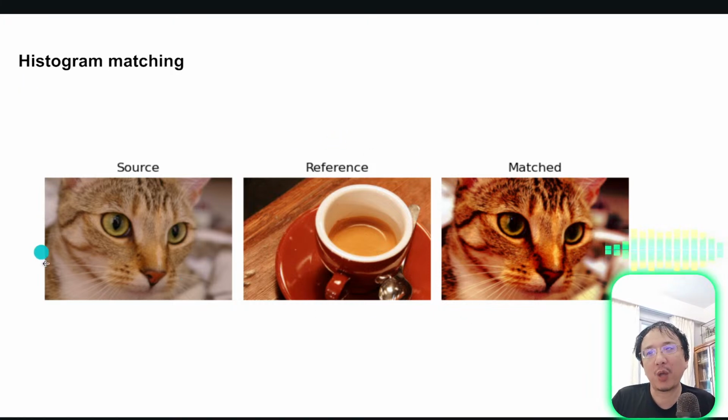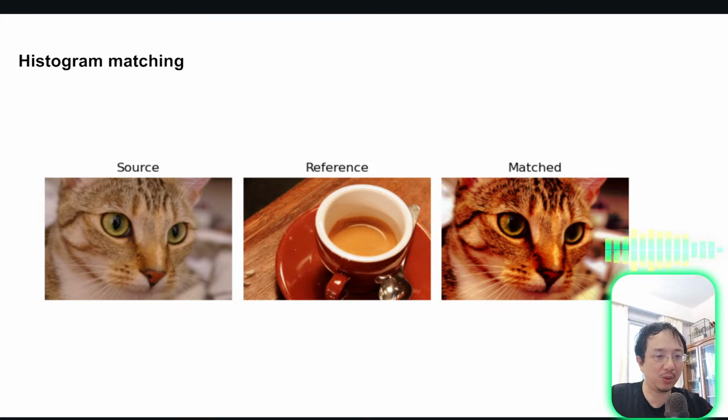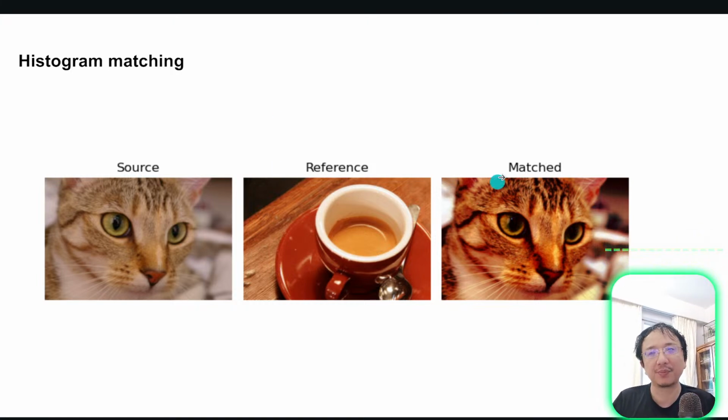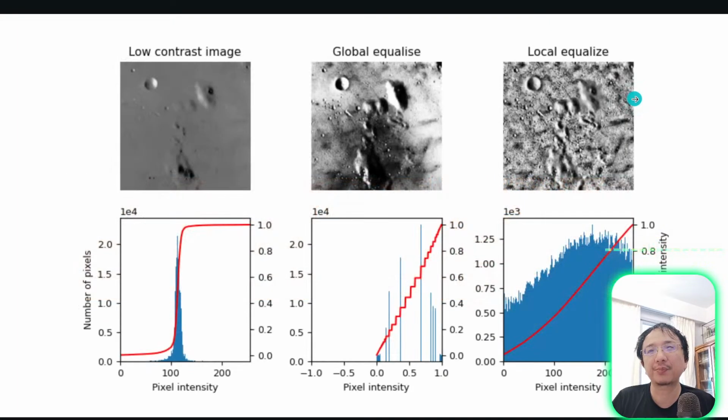For example, we have a source image and a reference image. We can align the color space of the source image to the reference one. It is kind of like the white balancing or the old photo examples we did before. But instead of stretching everything as wide as possible, it tries to match the histogram from one picture to another one. That is histogram matching.